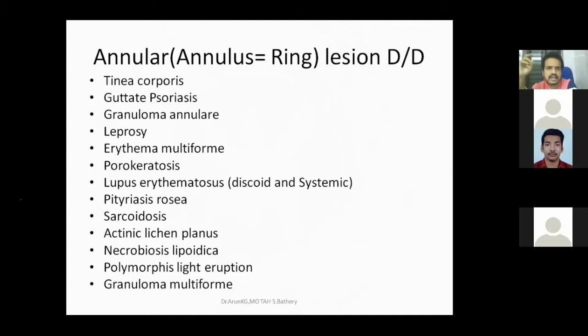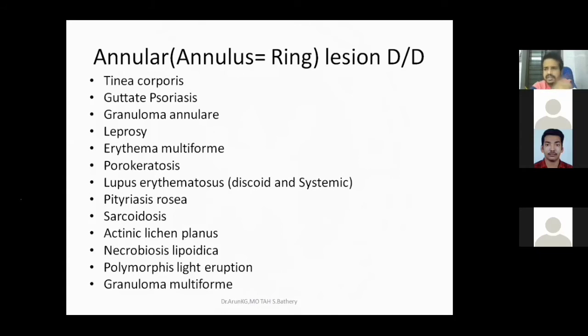Then granuloma annulare, erythema multiforme like lesions also will be annular, so we have to consider that in the DD also. In leprosy also there will be, but it will be just like a plaque like eruption, where the central portion also will be active. Then erythema multiforme, porokeratosis, then DLE and SLE like lesions there also.